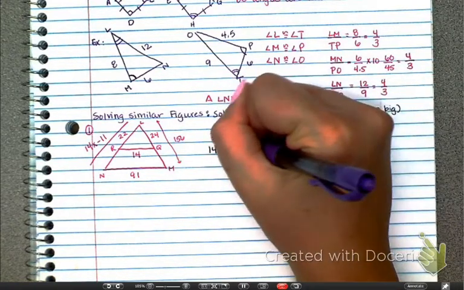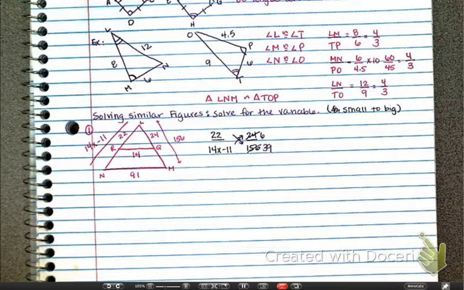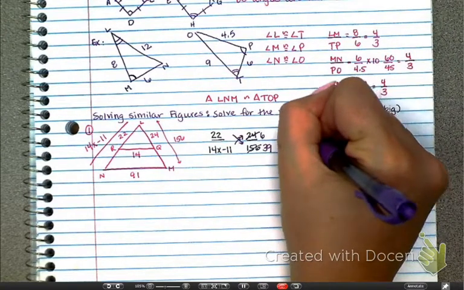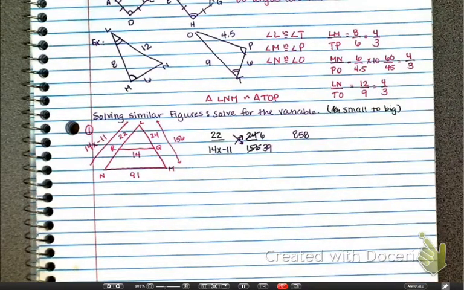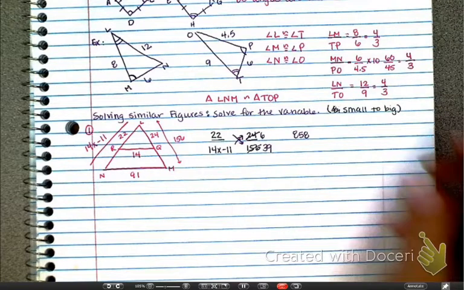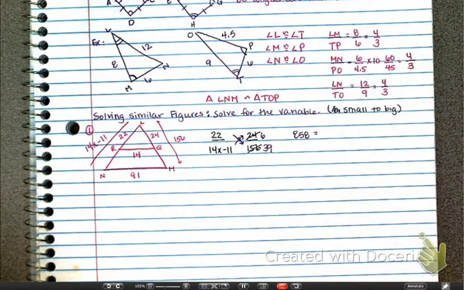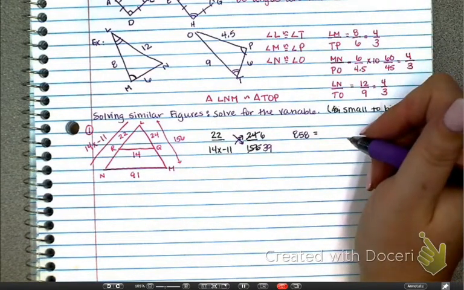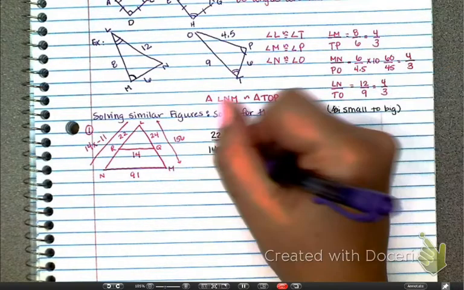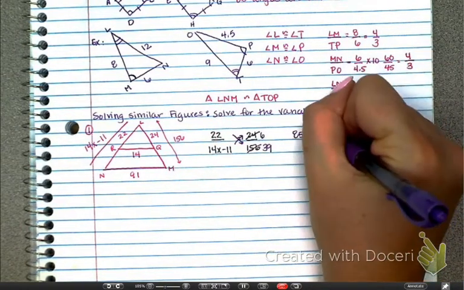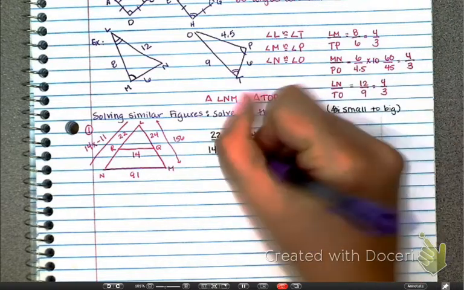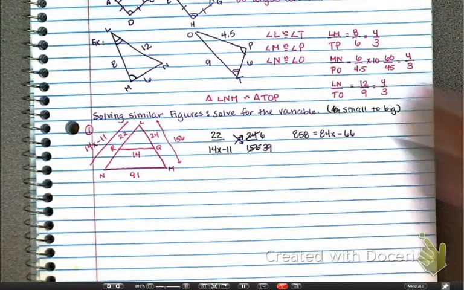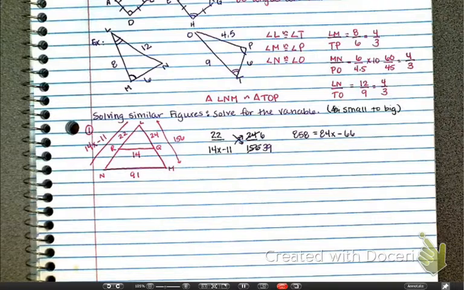If we cross multiply, 39 times 22 is 858. And that equals what? 14 times 6, which is 84x, and 6 times negative 11, which is negative 66.